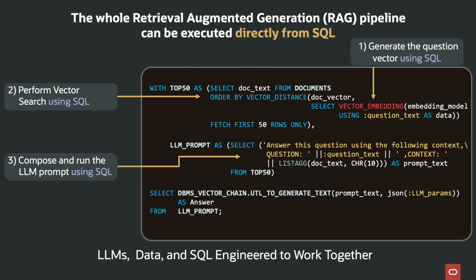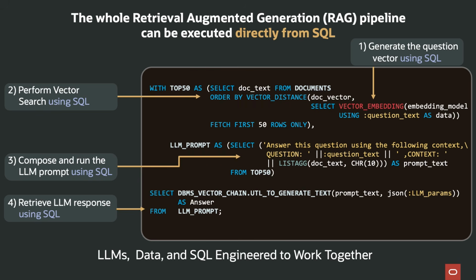Then you take the results of that SQL statement and you compose the LLM prompt, again using SQL. You take all the documents that were retrieved and you concatenate them into an LLM prompt and then run that SQL statement. And then what you can also do in Oracle Database is call the LLM directly from the database using another PL/SQL function, in this example, that will retrieve the LLM response using SQL.